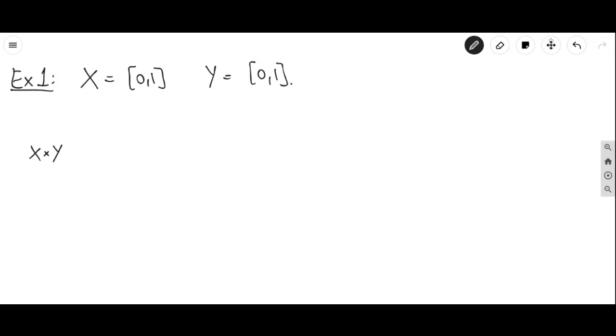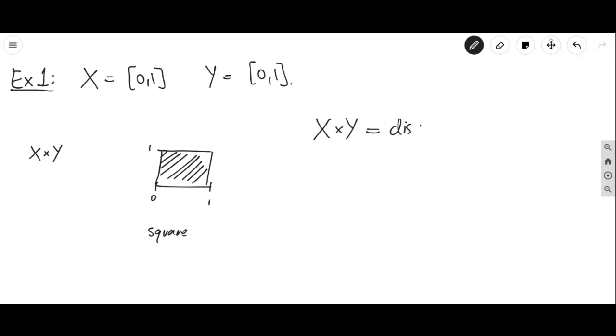But in this case, you can give it some kind of pictorial interpretation, and the way you do it is you think of the horizontal axis as going from 0 to 1, you think of a vertical axis as going from 0 to 1, and then you would include all of the points, and if you do that, this would be a square. But what we would say is that the product of X and Y is a disk. Why is that a disk? Because this is homeomorphic to a disk.